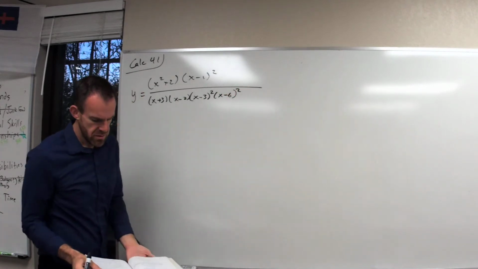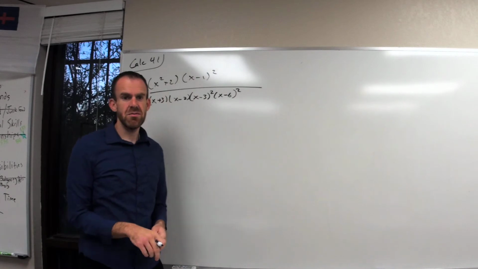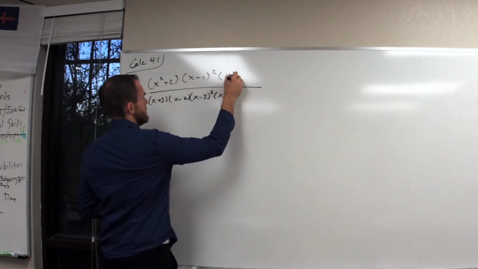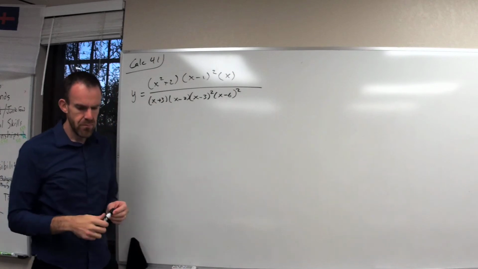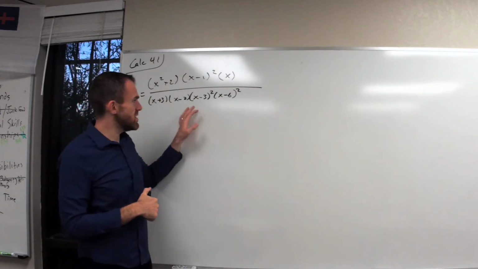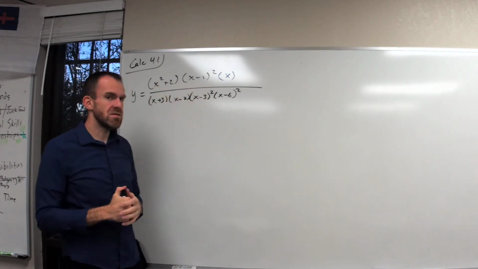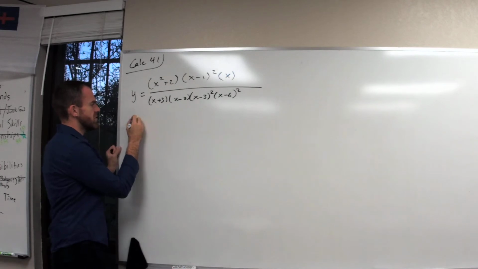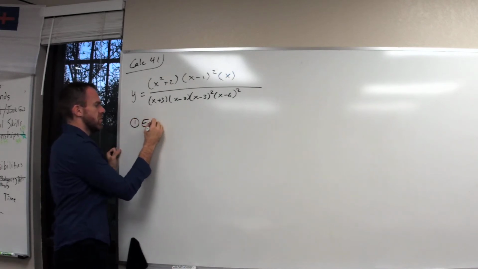Okay, so as you've noticed, we have a couple of odd strange terms. Let's add another x. Let's go through our normal process, and when we get to those strange things, like how we deal with these powers, then we'll address them there. So the first step is that we have to look at end behavior.